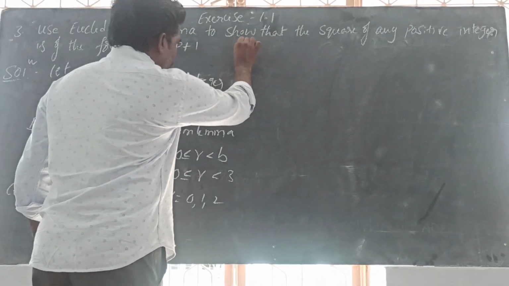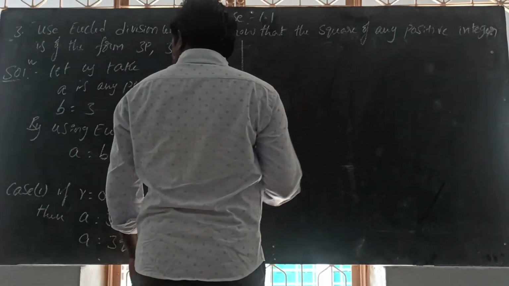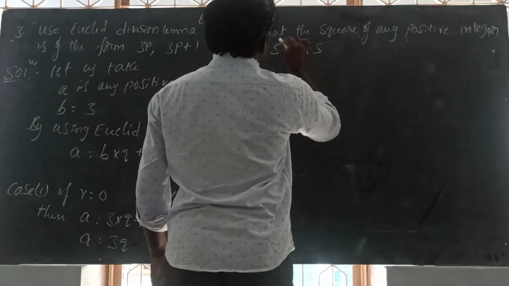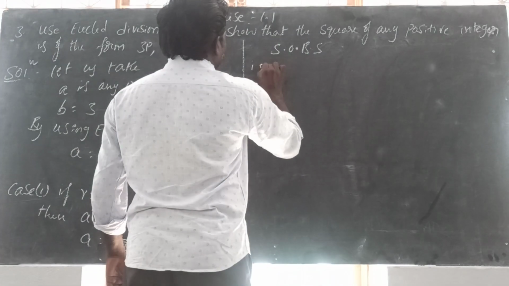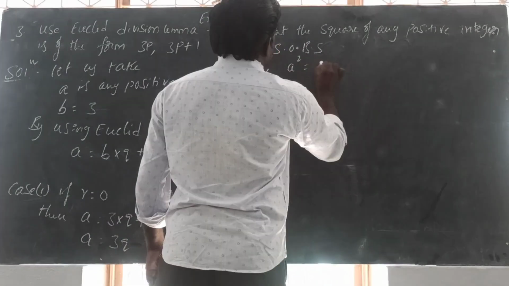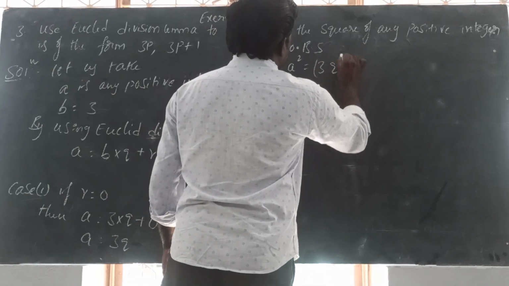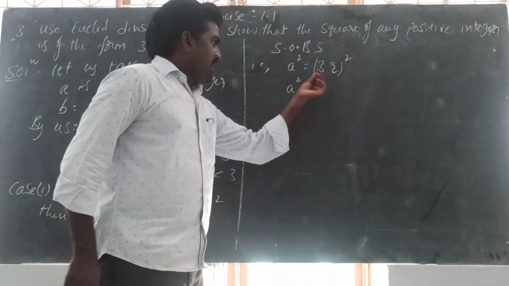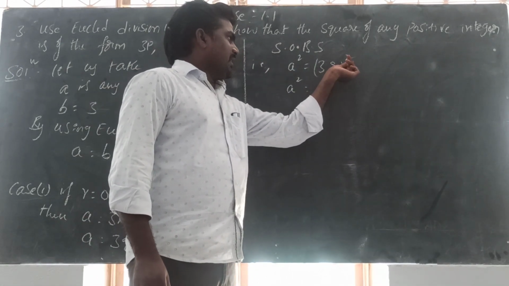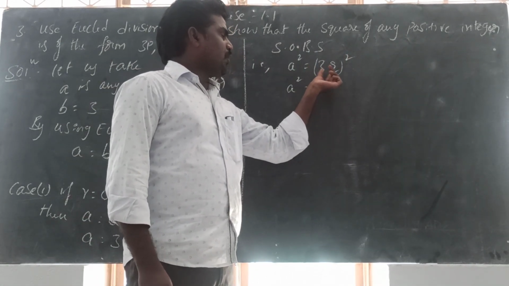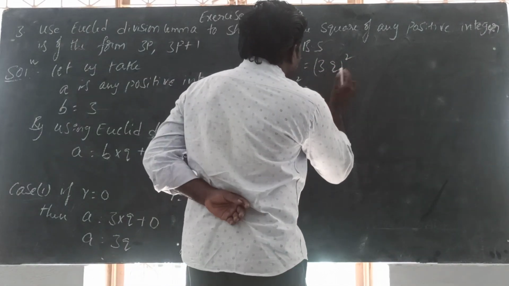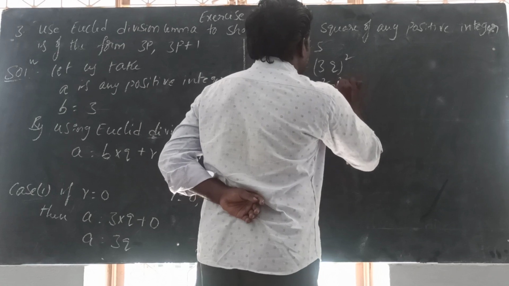So how can we do that? Square on both sides. So A square is equal to 3q whole square. Here which formula do we use? AB whole power m is A power m into B power m. We can write it as 3 square into q square.